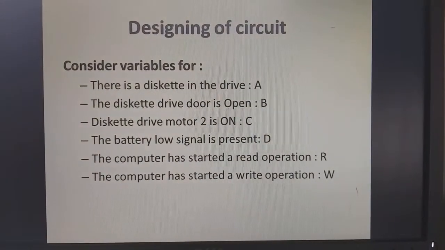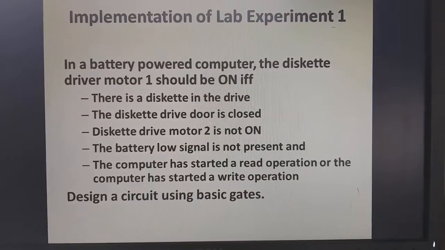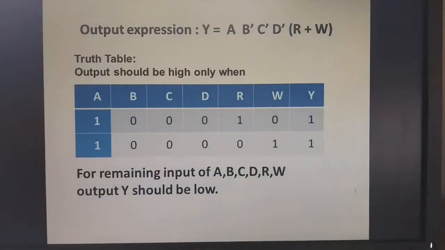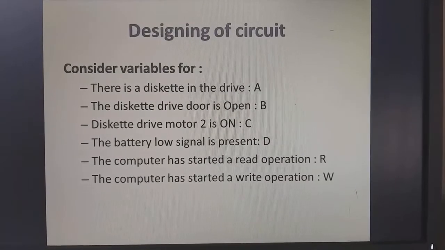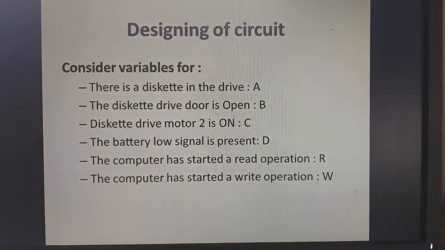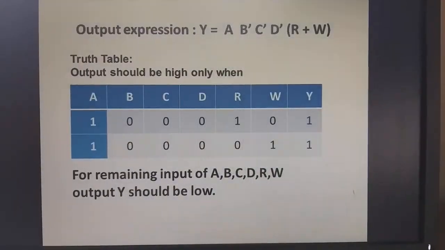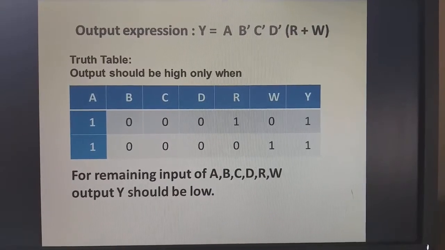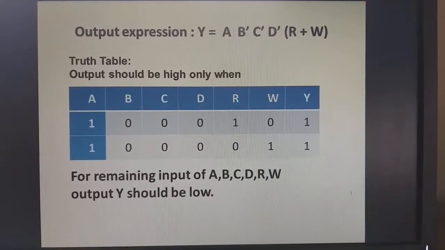Similarly, diskette drive motor 2 is C, but according to the condition it should be not on, so it is the complement of C. Battery low signal is present is D, and it should not be present, so it is D bar. And the computer read operation or the write operation should be started, so read or write. So the output expression will become A, B complement, C complement, D complement, ANDed with R or W.